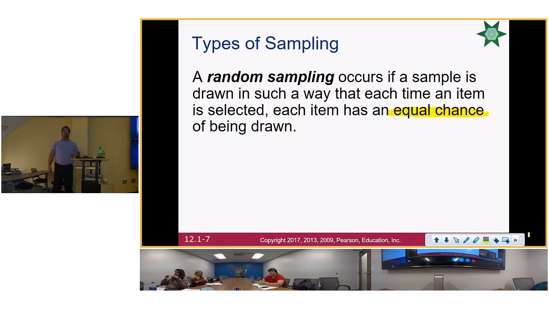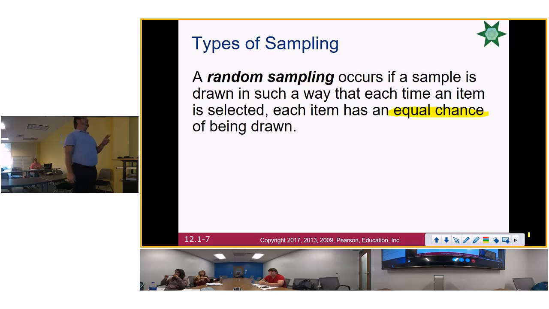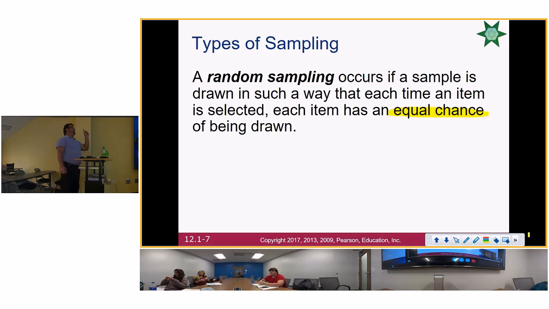Is it still a random sample? Not really. Because the person drawing out of the fishbowl will be influenced by that harder fold. Or when they're looking, they may see that black marker and be influenced to pick it or not to pick it. The same thing with the fold.